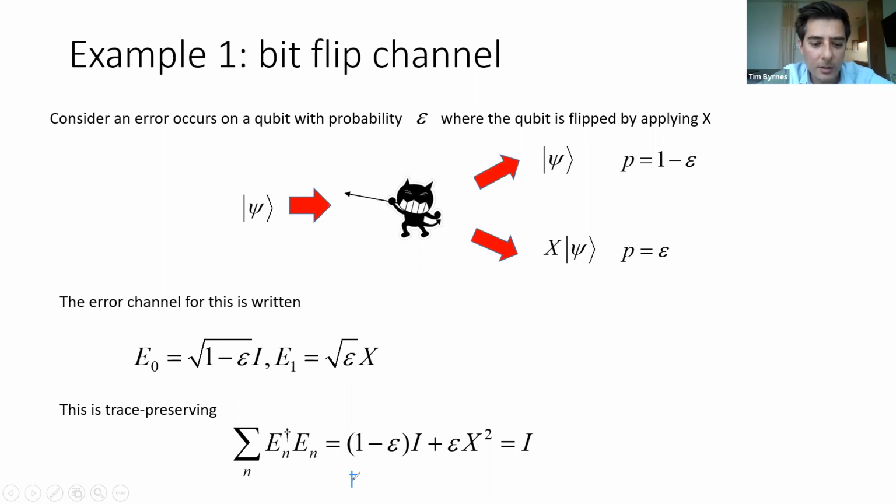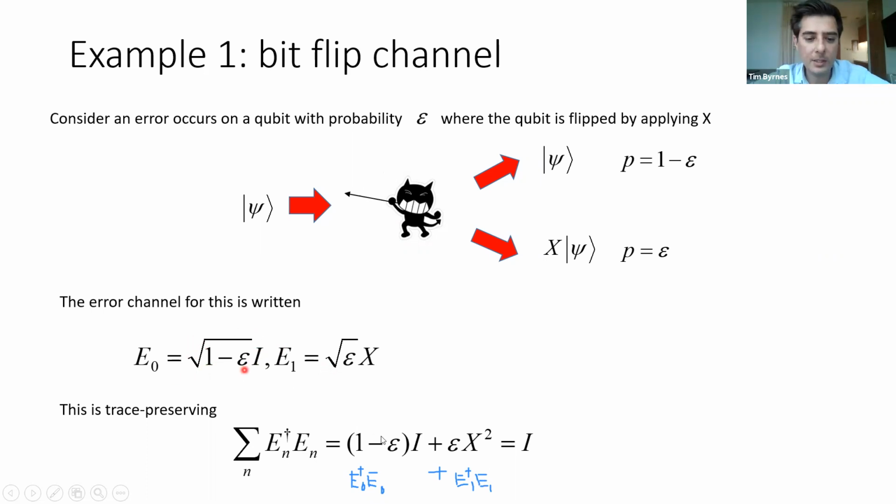So this term here is the E dagger 0, E0 term, and this term here is the E dagger 1, E1 term, right?